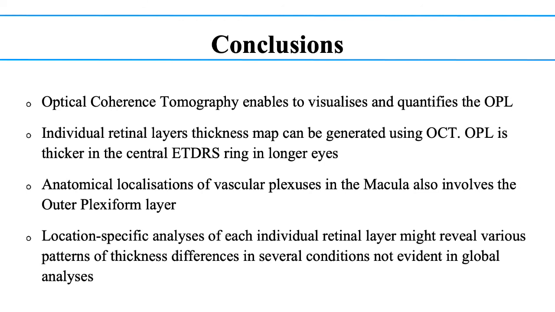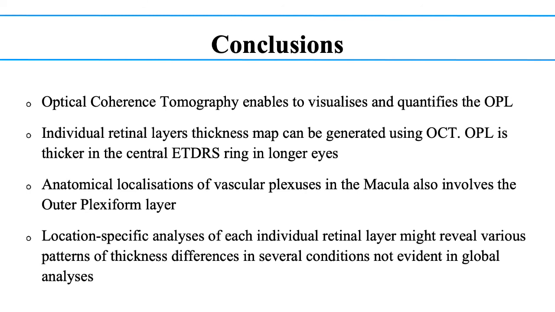So in conclusion, we see that the OCT enabled us to visualize and quantify the outer plexiform layer. Individual retinal layer thickness maps can be generated using the OCT, and we see the outer plexiform layer is thicker in the central ETDRS ring and also in longer eyes.